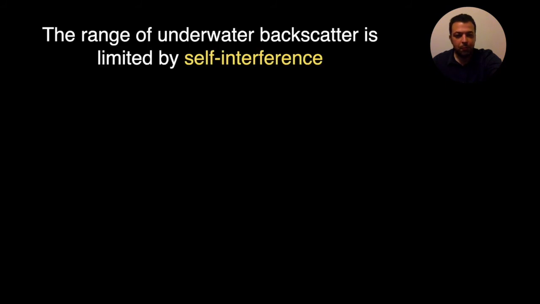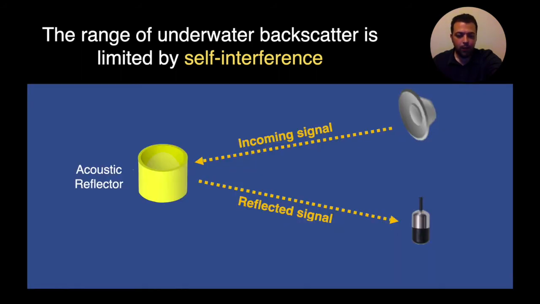The main factor limiting the underwater backscatter communication range is self-interference. Recall that in underwater communication, we relied on modulating the reflected signal to communicate. But this is not the only signal that will be picked up by the hydrophone.